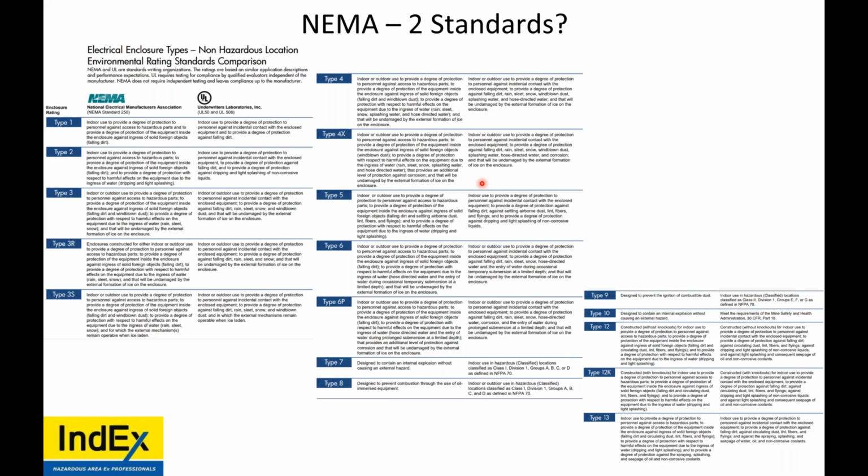As you can see, the NEMA has a greater body of requirements for testing, while the UL has less, and the IP has even less. So IP can't go into less requirements, but the NEMA ratings are tested for rain, sleet, snow, corrosion. They go under greater testing.